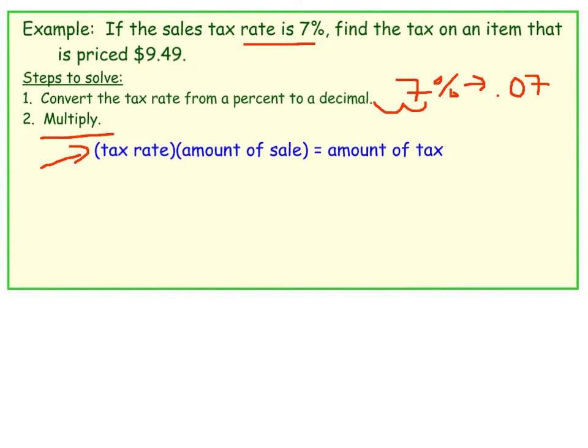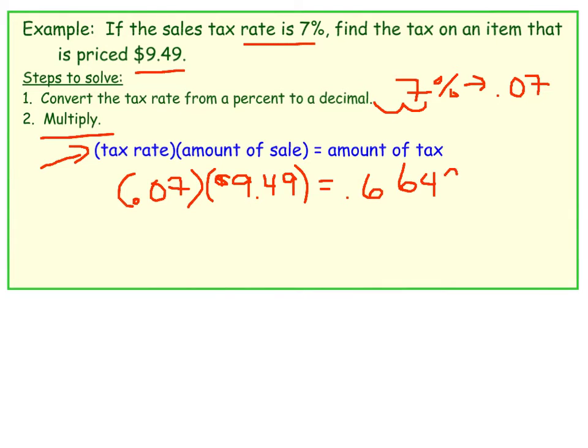And then the second step is to go ahead and multiply, and you'll see we put the formula right here. We have a tax rate in decimal form, so 0.07 or 7/100 times the amount of the sale. And in this case, we have a sale of $9.49. When you do those calculations, you will get 0.6643.